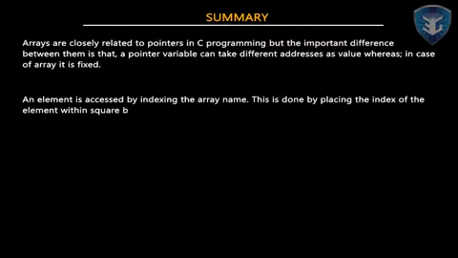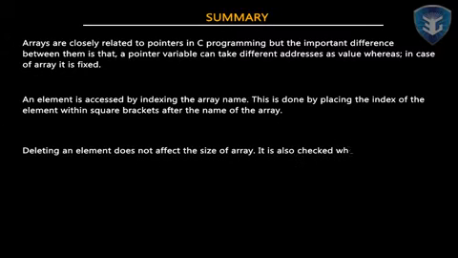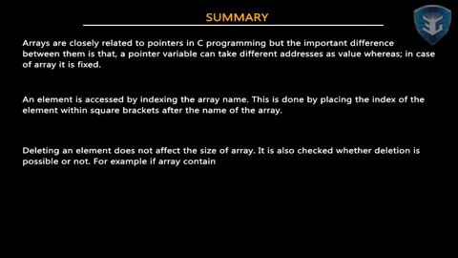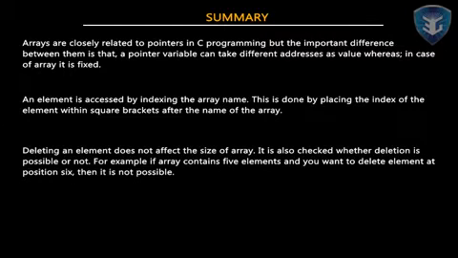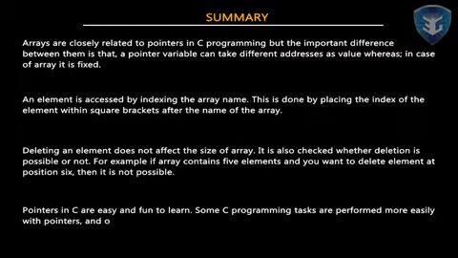This is done by placing the index of the element within square brackets after the name of the array. Deleting an element does not affect the size of the array. It is also checked whether deletion is possible or not. For example, if an array contains 5 elements and you want to delete element at position 6, then it's not possible. Pointers in C are easy and fun to learn.